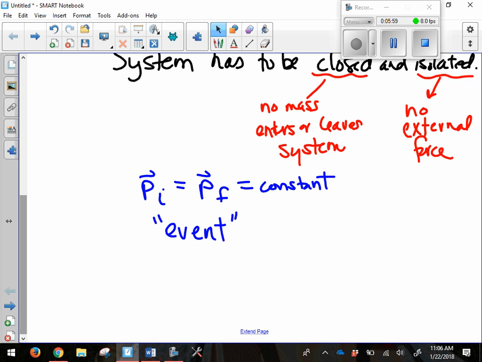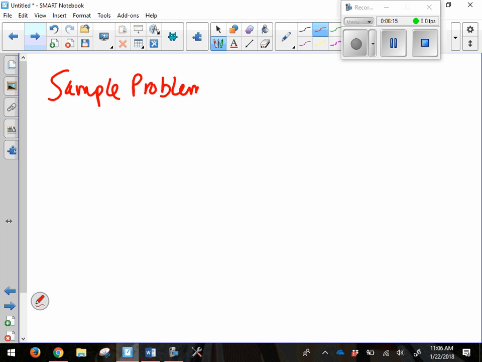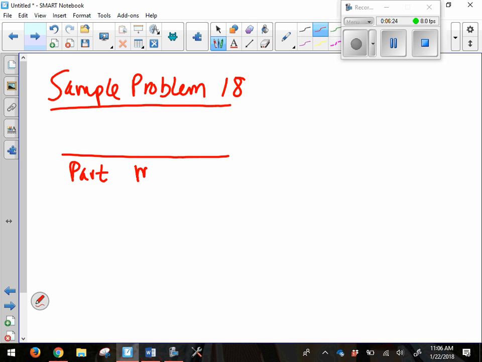Then let's do some examples, because I really think that's the best way to play around with this. So let's start with sample problem 18. If somebody wants to read it for us, I'm going to copy out the table here. Yes, should be the one with the table.